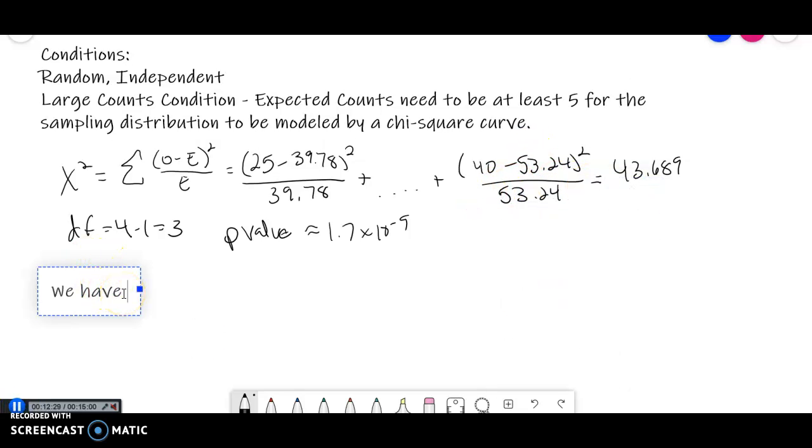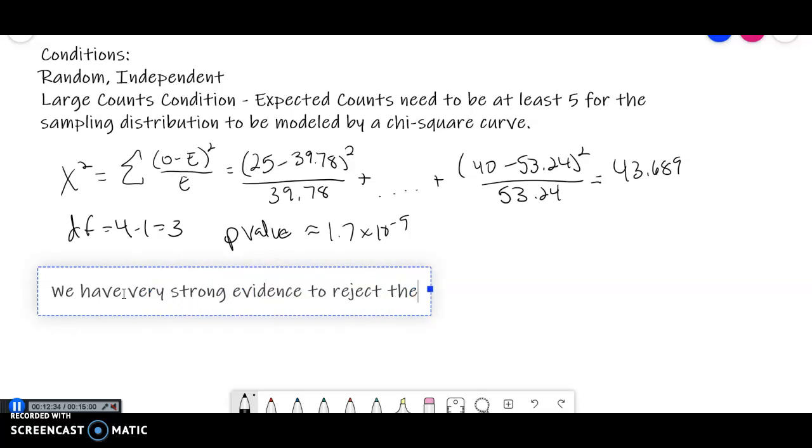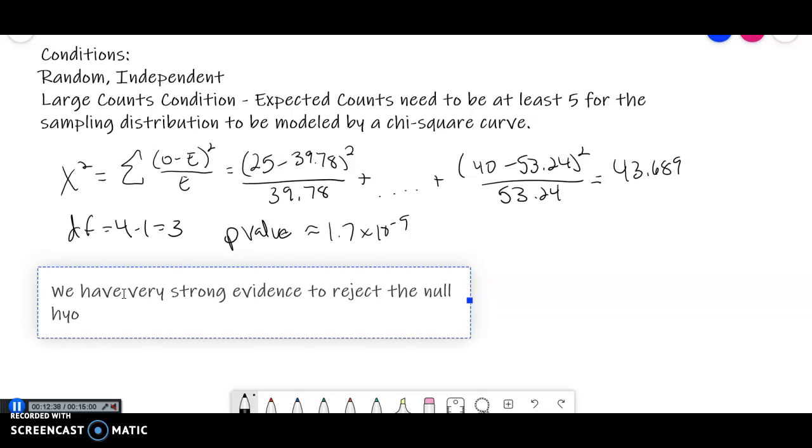So for my conclusion, we have very strong evidence to reject the null hypothesis at any significance level.